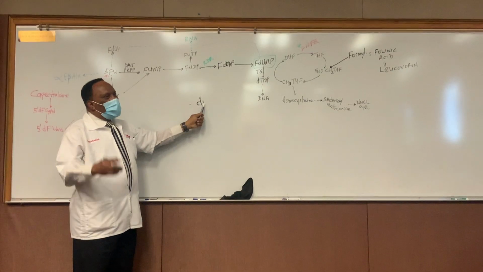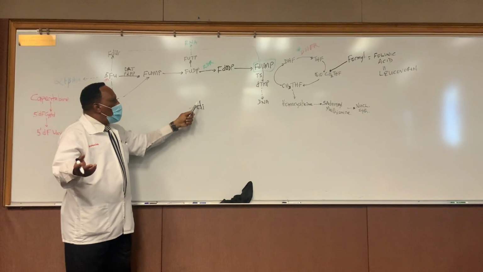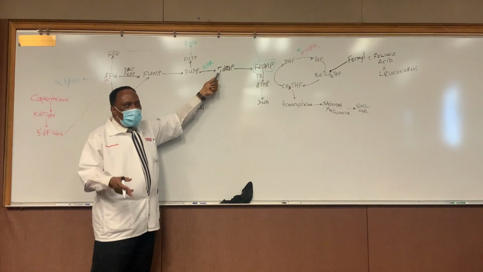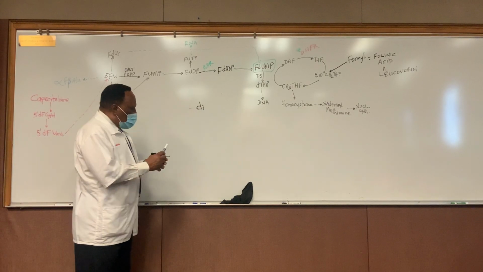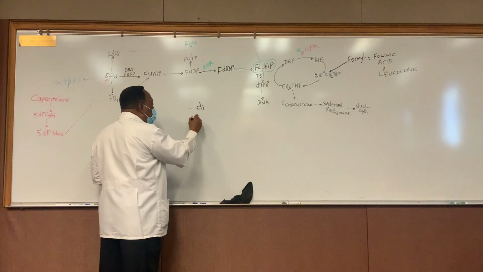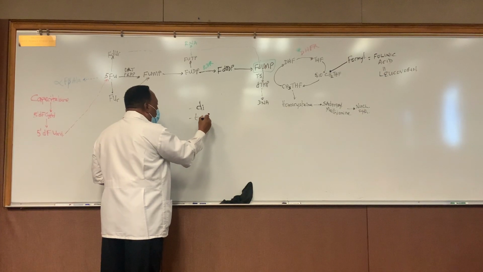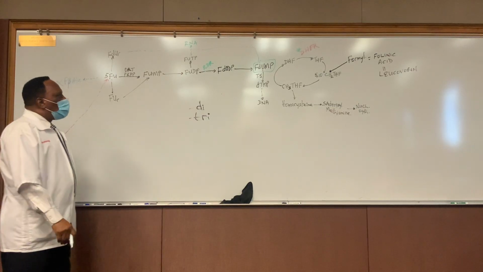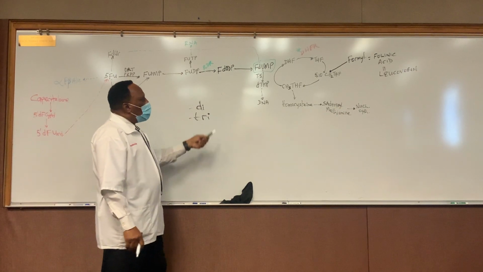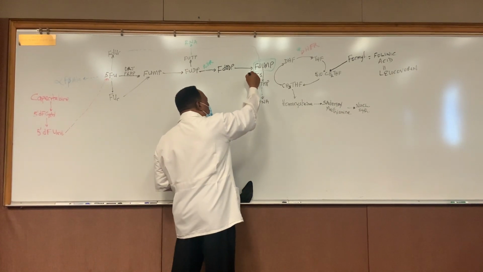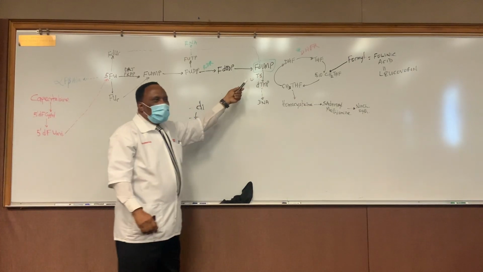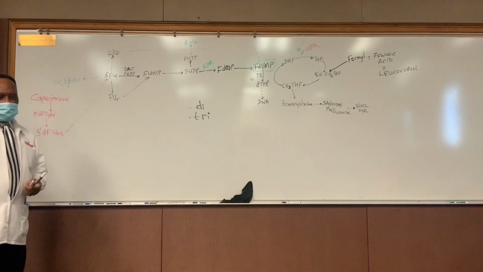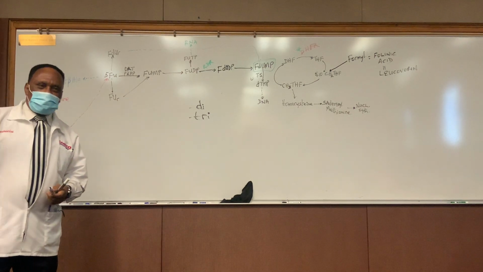So in the di form, it inhibits ribonucleotide diphosphate reductase, but it can also go to its tri form, which will be a nucleotide, and the tri form is the one that would inhibit your thymidylate synthase. So gemcitabine has 2 points of action.